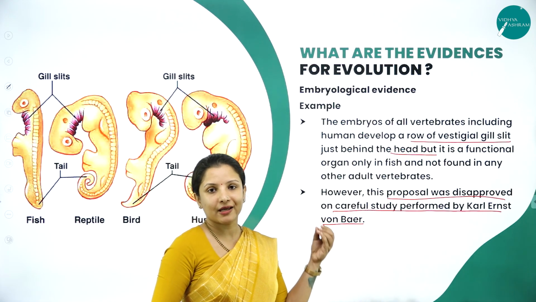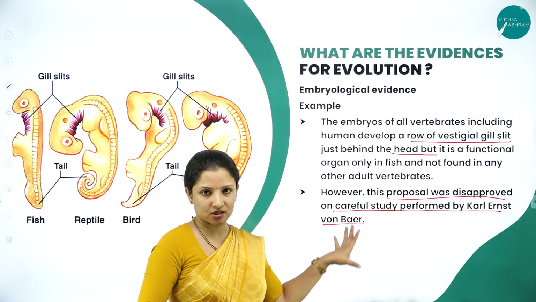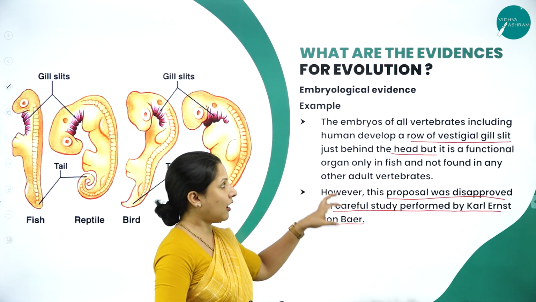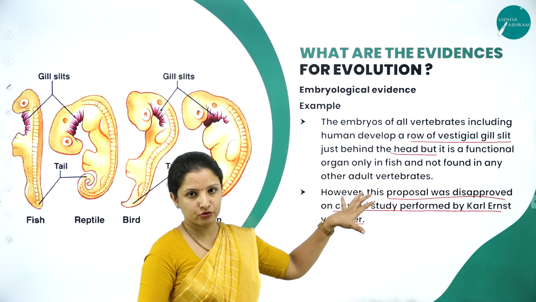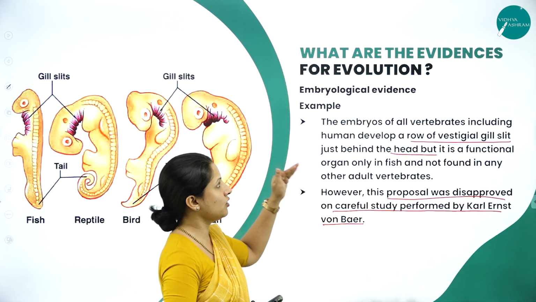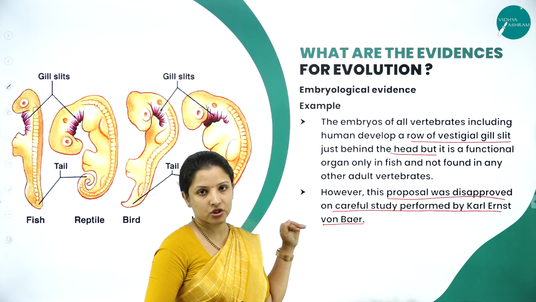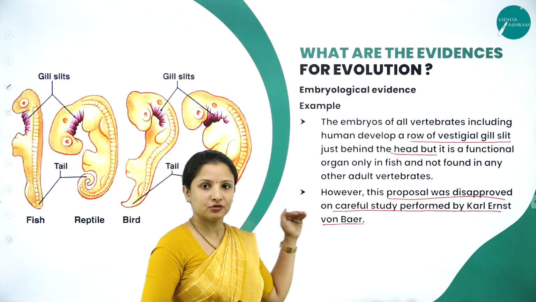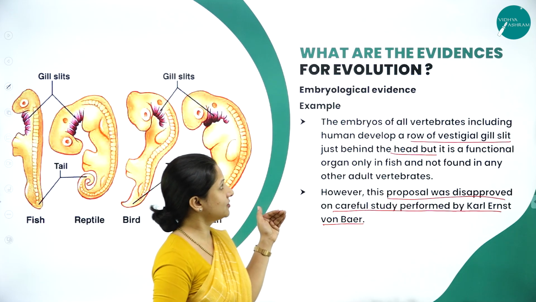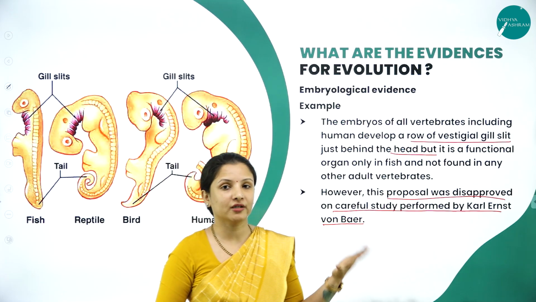Embryological evidence was considered during a certain era. After that, they found that this evidence is not enough to prove the theory of evolution. Therefore, they dropped using embryological evidence as a proof to explain the process of evolution on this planet. So what did they get to know?